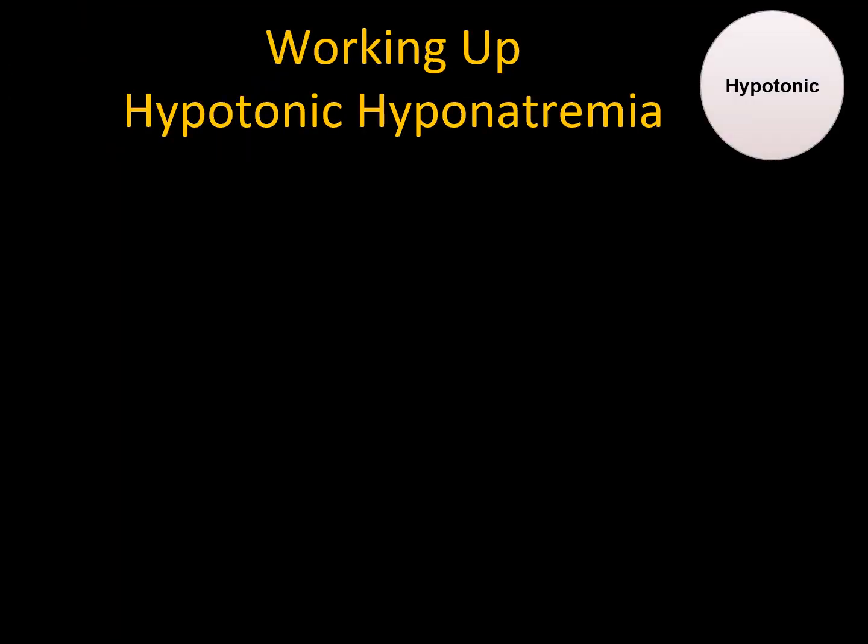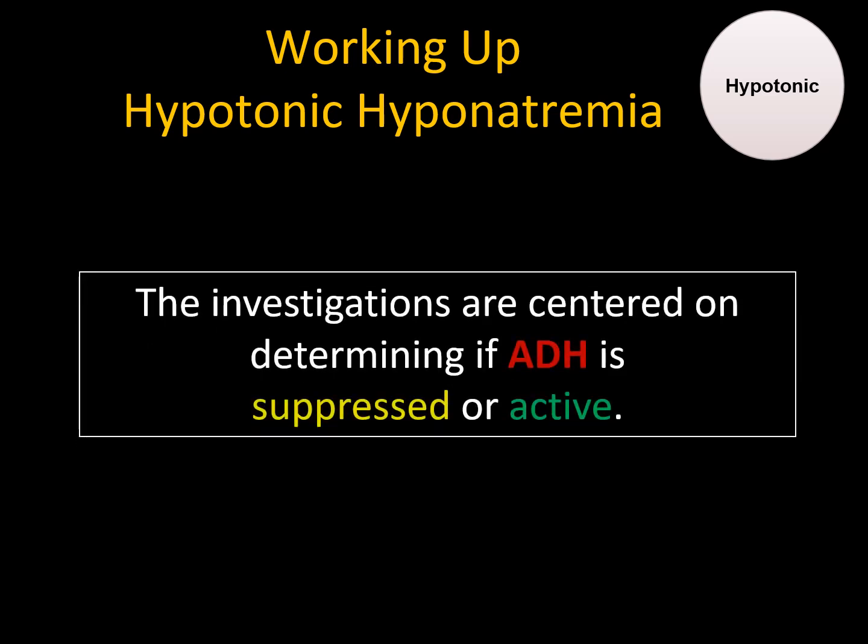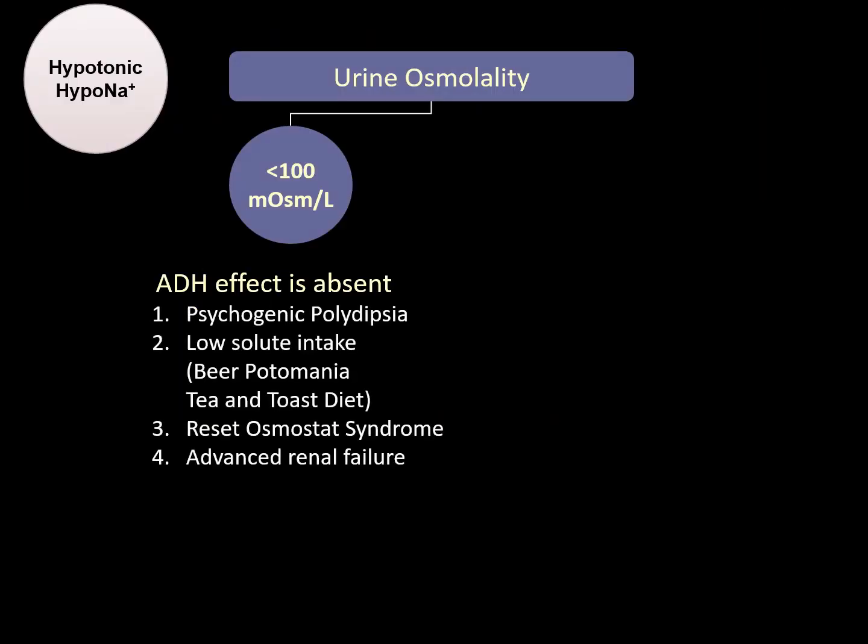If we have excluded a pseudo-hyponatremia or translocational hyponatremia, the next step is to work up a hypotonic hyponatremia, and the investigations are centered to determine if ADH is actually suppressed or active. The urine osmolality is a very useful parameter to look at.